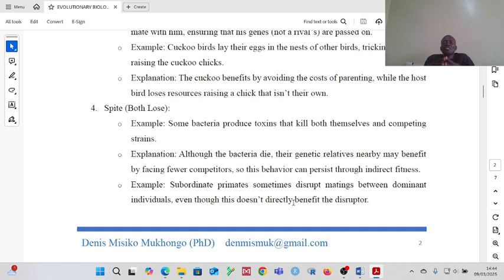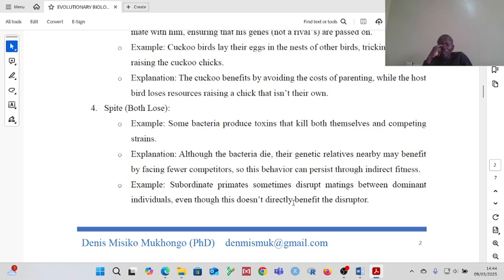Remember we talked about the act of selflessness, which might endanger an individual but enhance the survival of relatives. So the explanation for spite is that although the bacteria producing the toxin might die, their genetic relatives in the neighborhood will benefit by facing fewer competitors. Such a behavior can persist through indirect fitness.